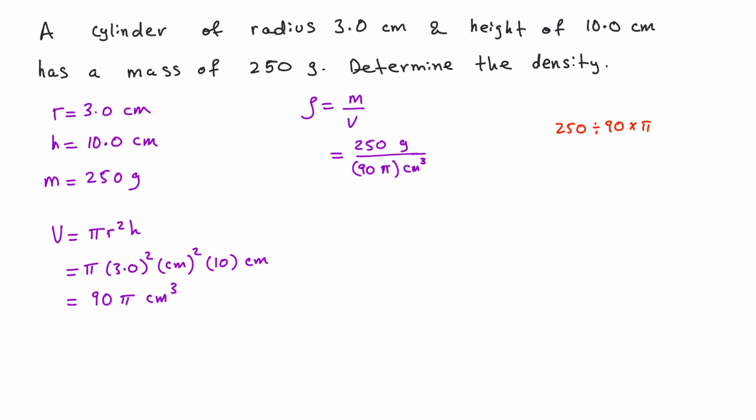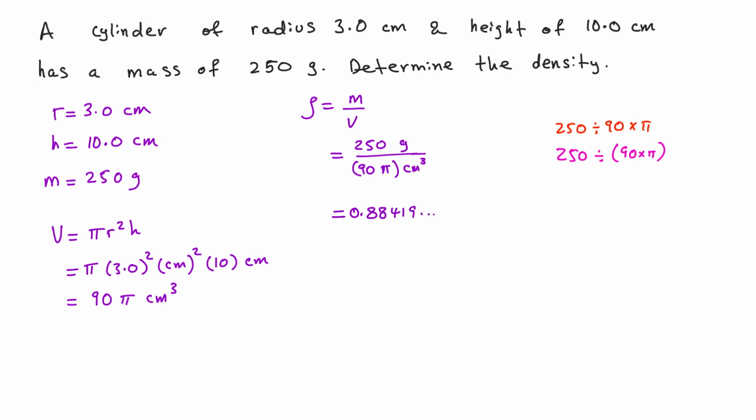In order to fix it, you would have to write it as 250 in your calculator divided by 90 pi, or 90 times pi. So let's do it. When I put this in my calculator, I will end up getting 0.88419.